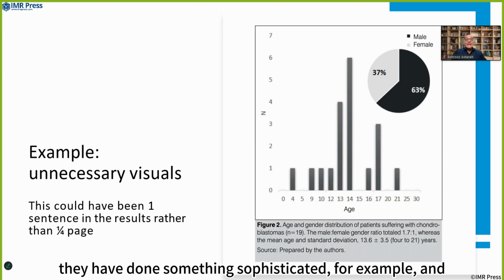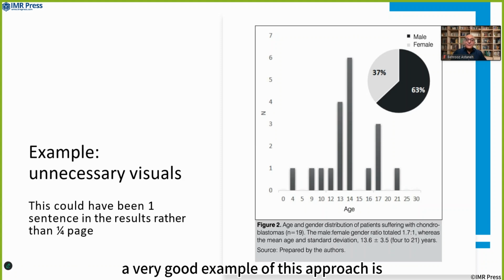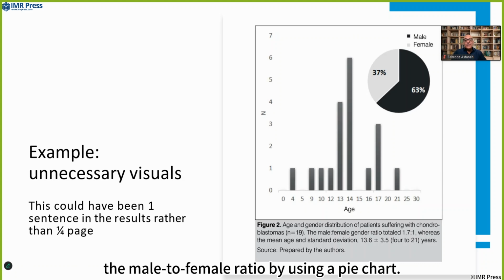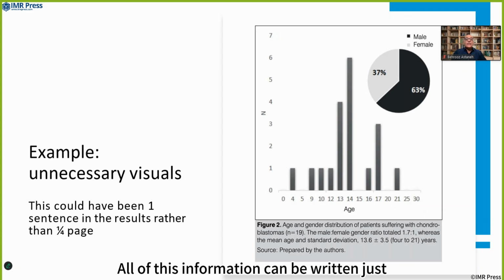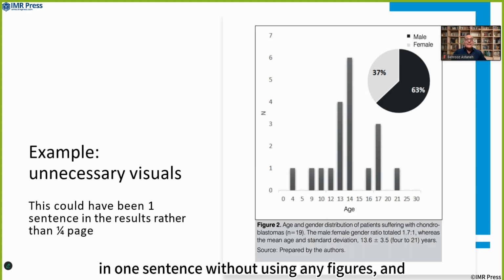A very good example of this approach is what you can see in this slide. In this figure, the authors try to show the age distribution of patients in their groups, and at the same time they tell us the male to female ratio by using a pie chart. All of this information can be written in just one sentence without using any figures.